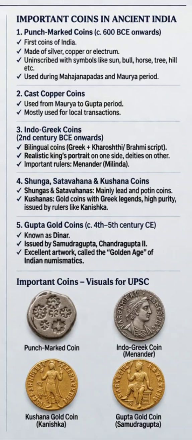And the last one is Gupta gold coins. Gupta gold coins are found from the 4th century to 5th century CE, known as dinars. This line is very important. They were issued by Samudragupta and Chandragupta II. This is also very important.